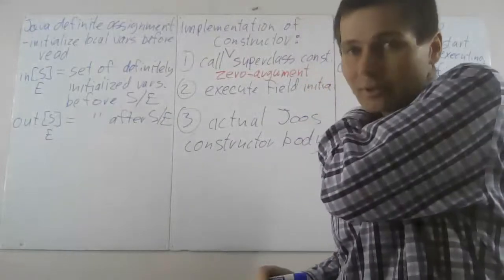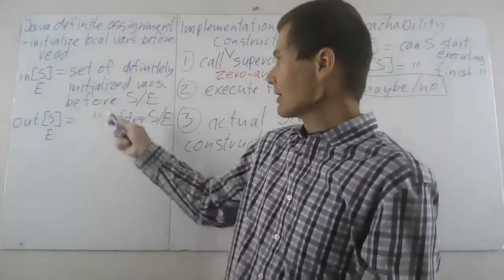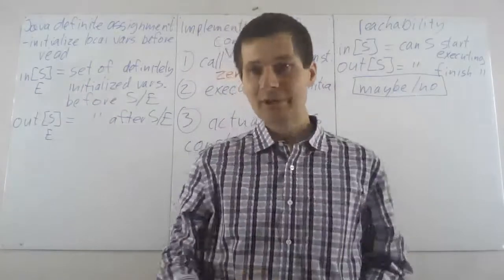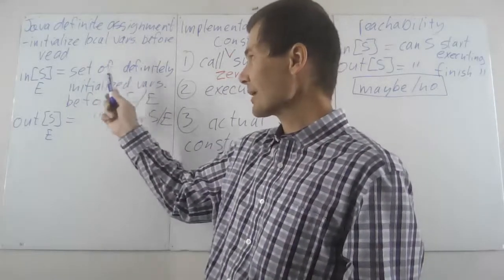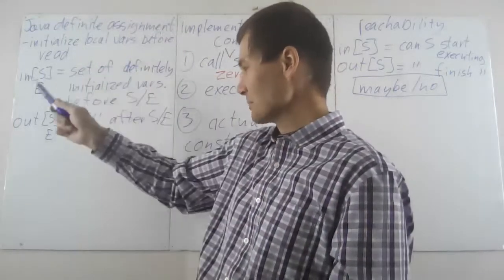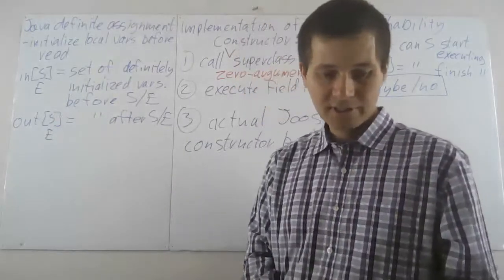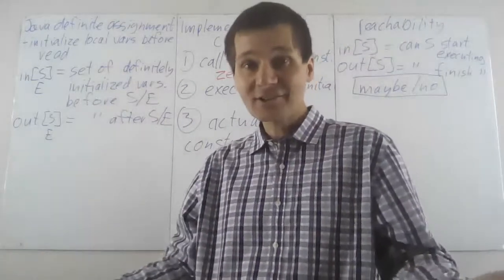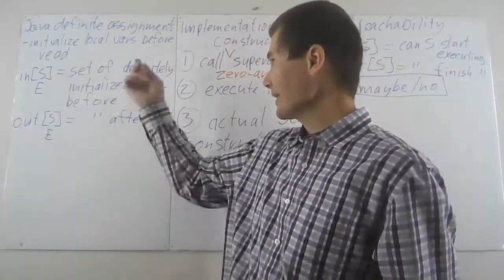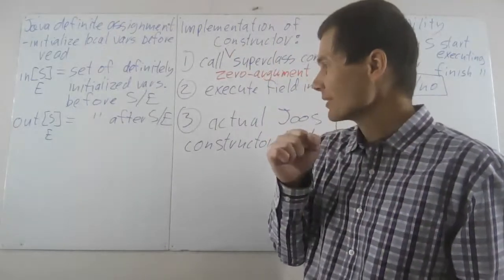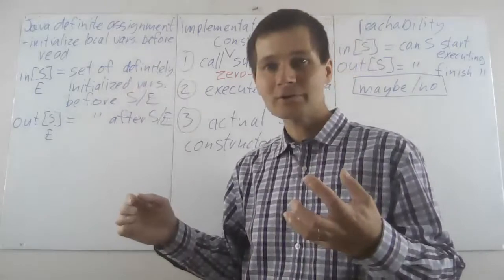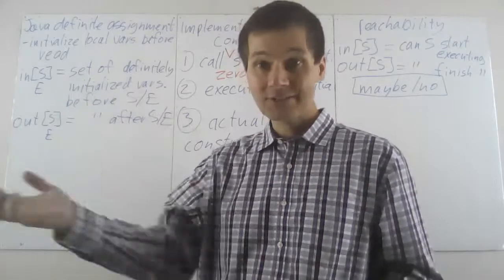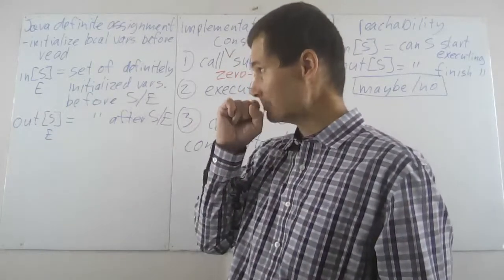All right. So things are more interesting now. Our values at each program point are no longer just maybe or no, but for each program point, before and after each statement, and now each expression and sub-expression, I'm going to compute an entire set rather than just maybe or no. And it's going to be a set of definitely initialized variables, right? So these are variables where I know for sure that the variable has been assigned a value by this point.